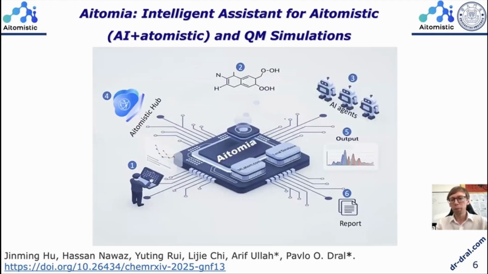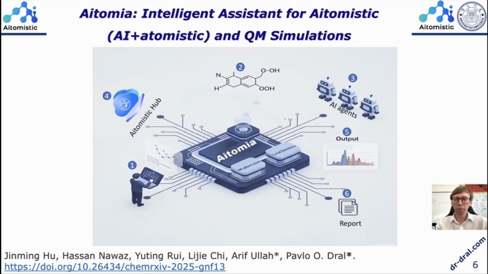Now, this is all done by integrating many components, AI agents of course, but the key is also providing this Atomistic Hub, which is an online platform to do these simulations packed with GUIs. And we have quantum chemical machine learning methods there via an emulator.